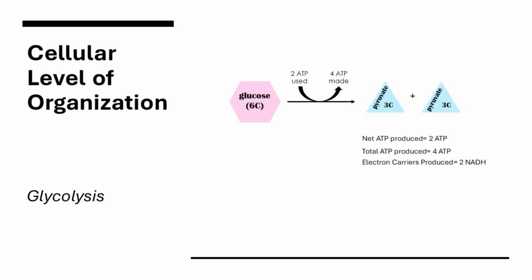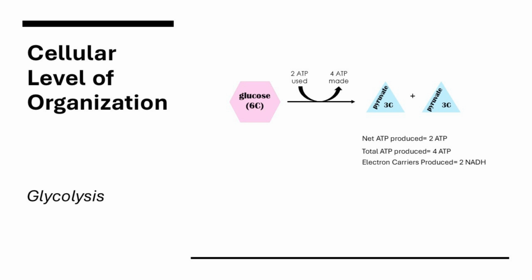It also makes 2 NADH molecules. NADH, what are those? Think of them as electron carriers, like little rechargeable batteries that will carry energy to be converted into more ATP later on down the line. Okay, so NADH is important for later, but for direct ATP from glycolysis, you spend 2, you make 4. So the net gain is 2 ATP.